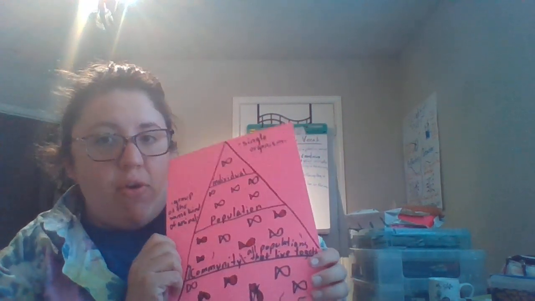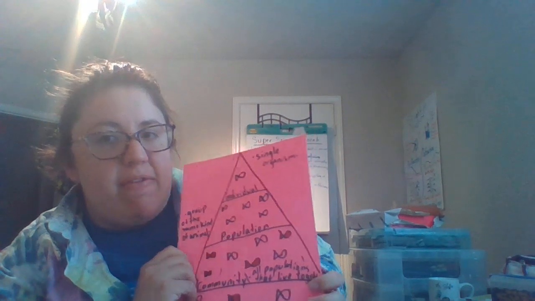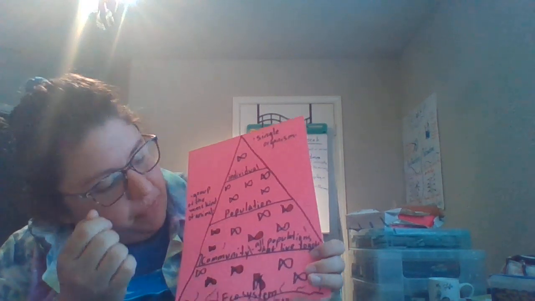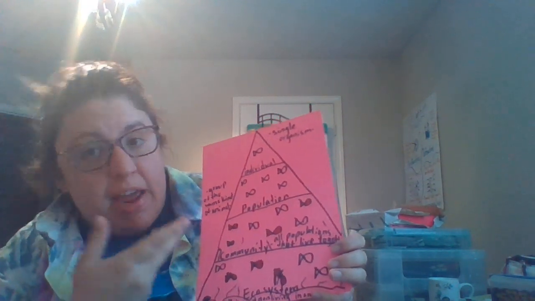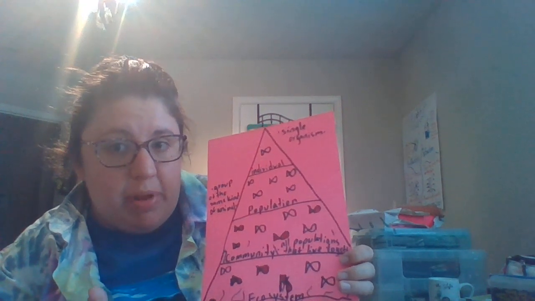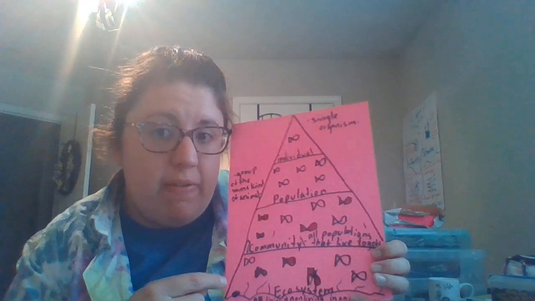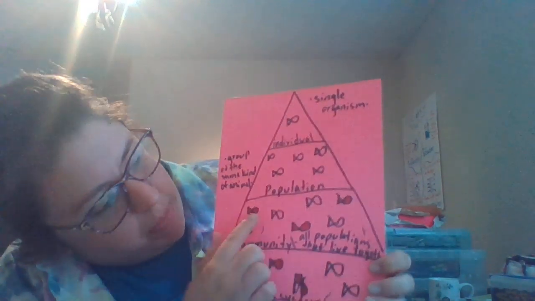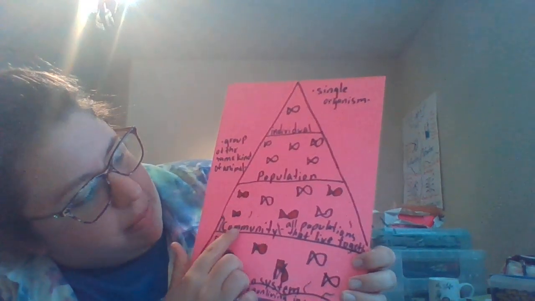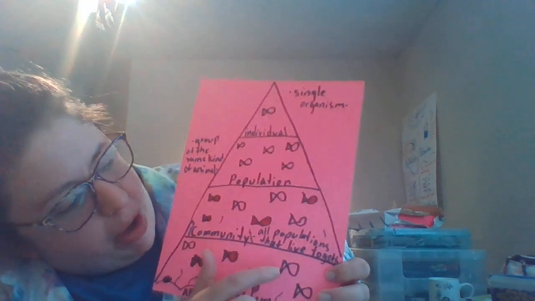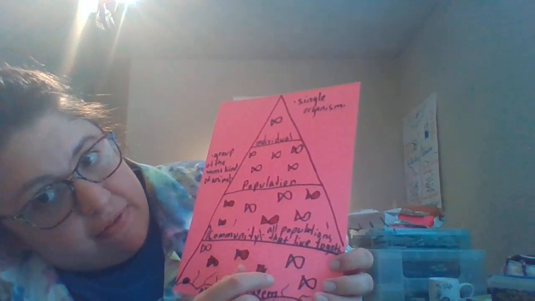Then you have the pink fish and you add in a different population along with it in the same area. So I added some redfish in here, so pink and redfish, and that makes up a community. It's all the populations that live together.